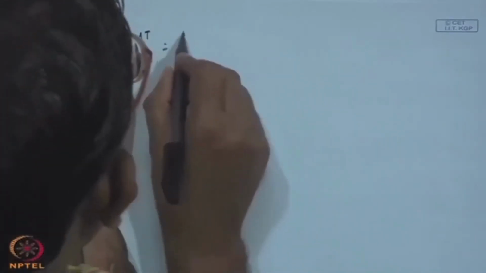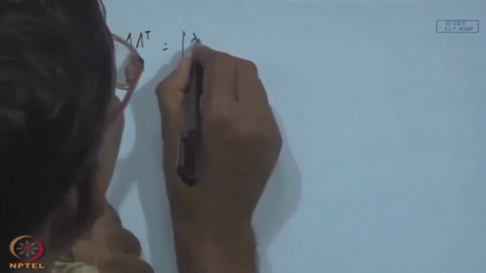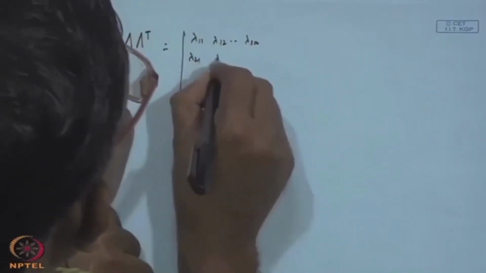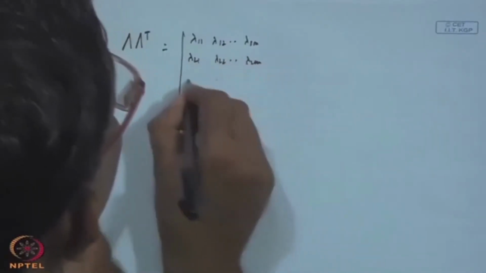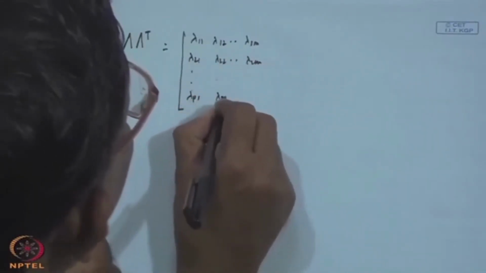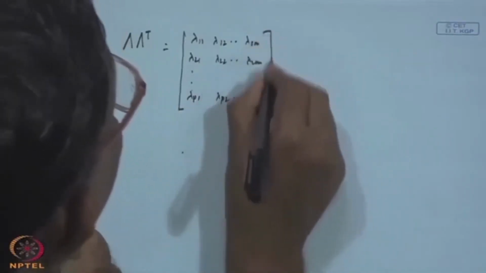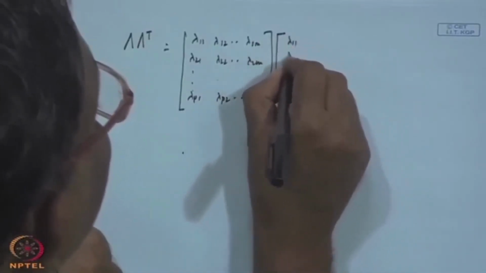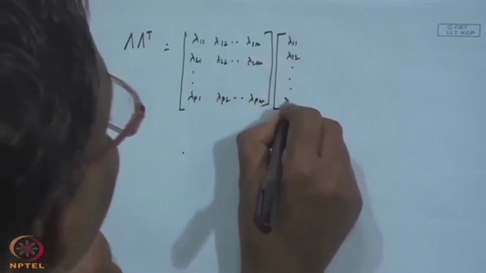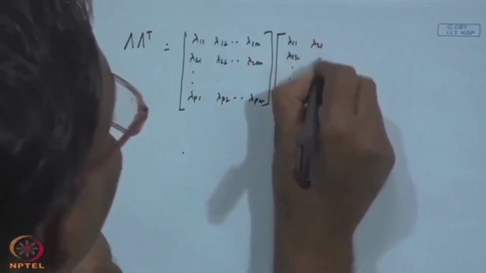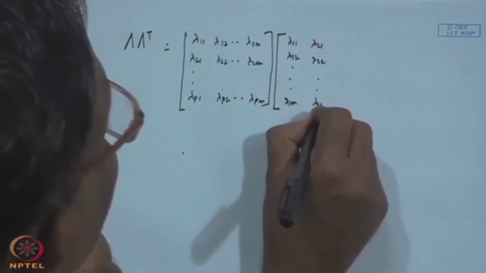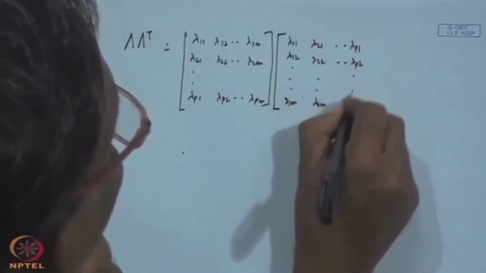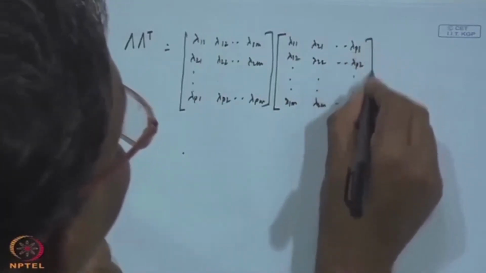So, if you write this down, you have to write lambda 1 1, lambda 1 2, lambda 1 m, 2 1, 2 2, 2 m, p 1, p 2, p m, then the transpose: 1 1, 1 2, 1 m, 2 1, 2 2, 2 m, p 1, p 2, p m.